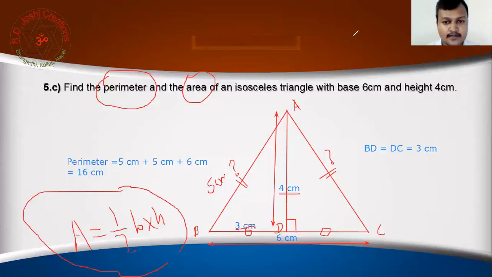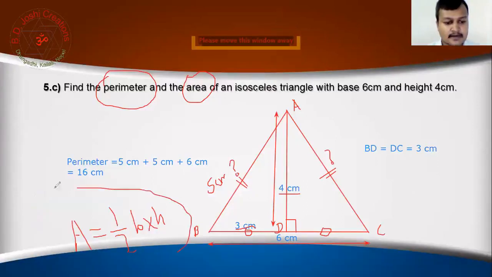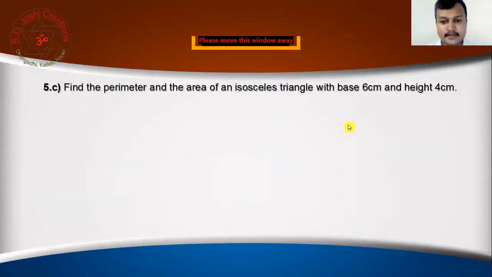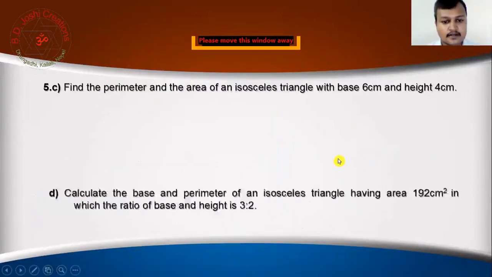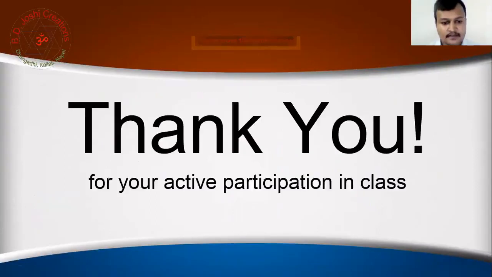It takes time to calculate also. The formula is lengthy anyway. So just you can use this formula to find out the area of this triangle, and we'll complete remaining questions on next day. Thank you very much.